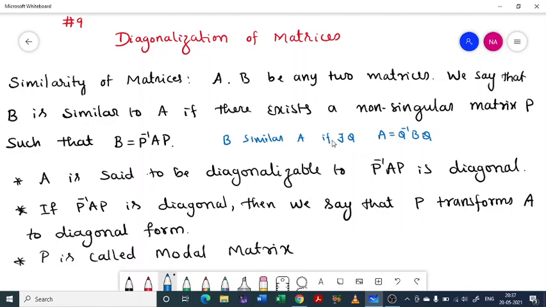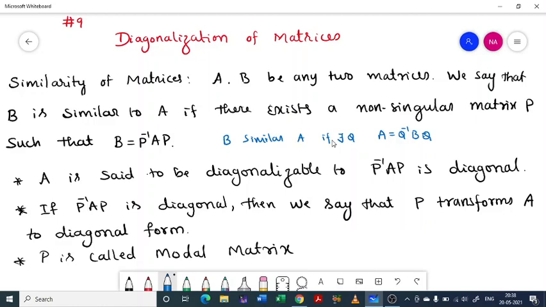Now, suppose the similar matrix P inverse AP is diagonal. Then we say that A is diagonalizable, or A can be reduced to a diagonal matrix. In such a case, we say that the matrix P transforms A to diagonal form.